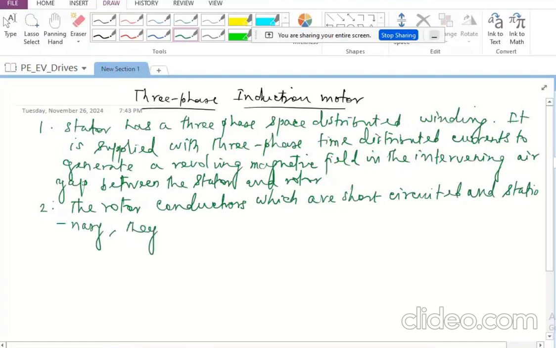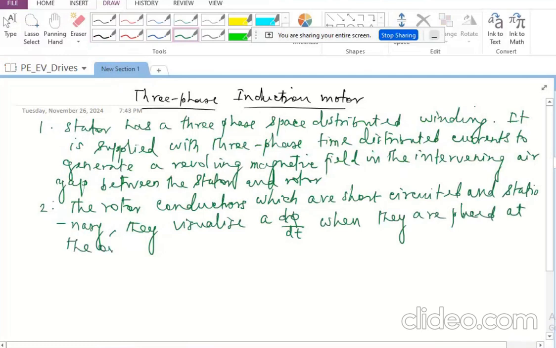They visualize the revolving d phi by dt, that is rate of change of flux, when they are placed at the outer periphery of the rotor. So it is actually facing the air gap.